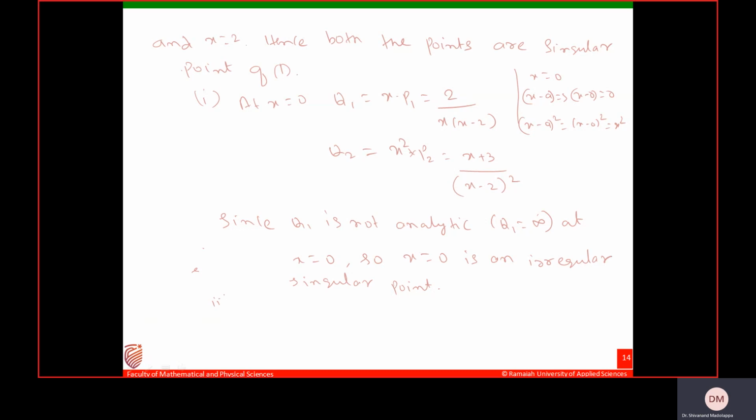Then second, at x is equal to 2, again we will put the value of x is equal to 2. Q1 value will be x minus 2 into P1, written as x minus 2 into 2 divided by x square x minus 2, which after simplification will be 2 by x square.